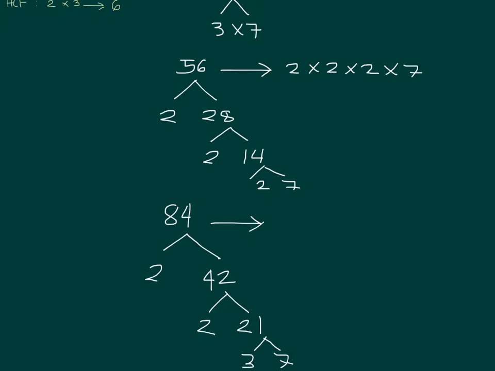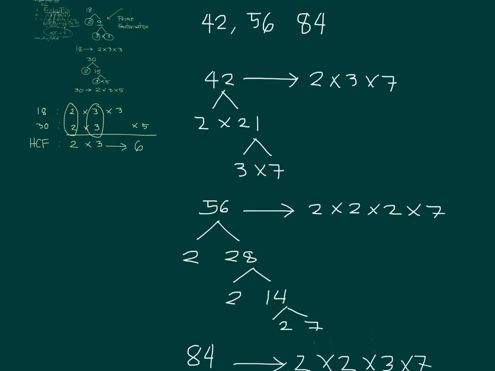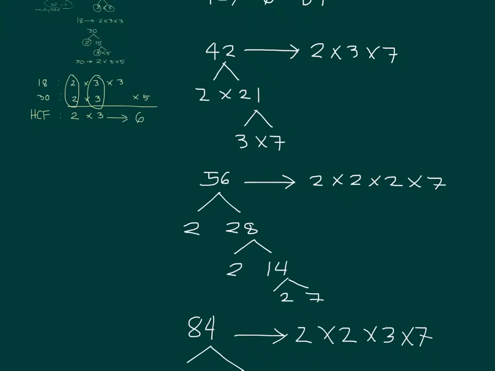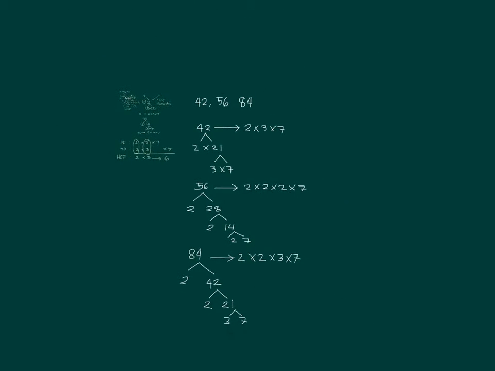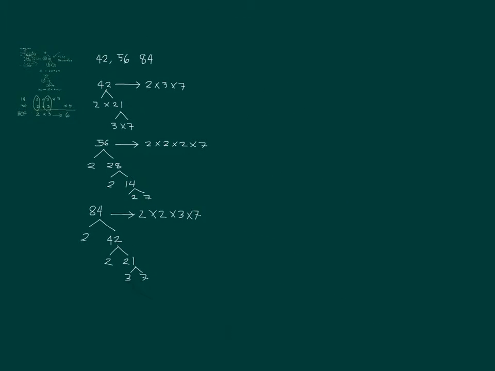So 84 is actually 2 times 2 times 3 times 7. And you can always check these numbers if they really multiply to 84, to 56, and to the first number, which is 42.